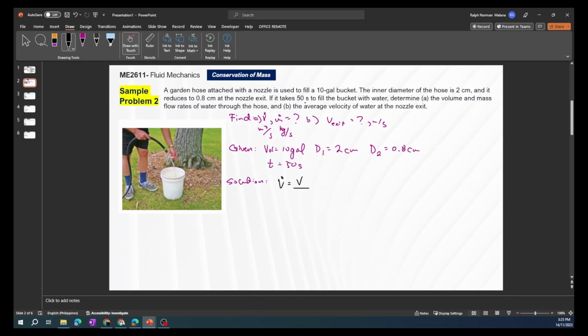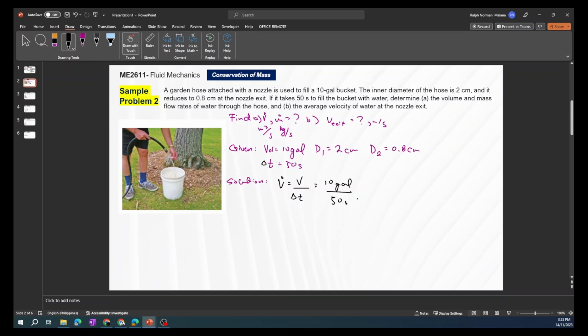If it takes 50 seconds to fill the bucket with water, that's technically the overall time. So from 0 to 50 basically, you could put that as delta t, that's 50 seconds. So V here is technically 10 gallons over 50 seconds.